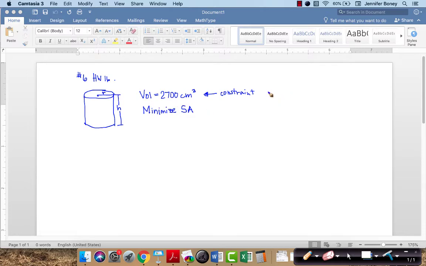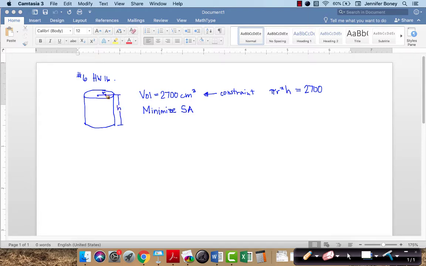We have to make sure that the volume, which would be calculated by area of the base times the height, pi r squared times the height, comes out to be 2,700 cubic centimeters. I'll leave the units off of the formula at this point. But what that means is that although R and H can take on any positive values, they're not independent of one another.